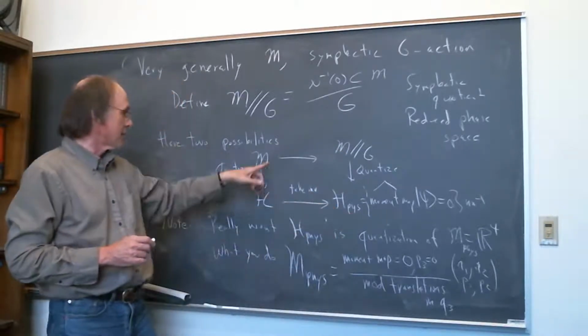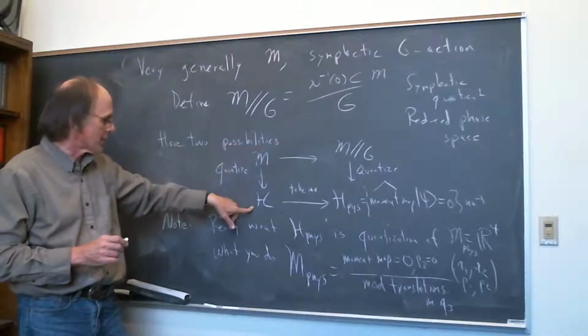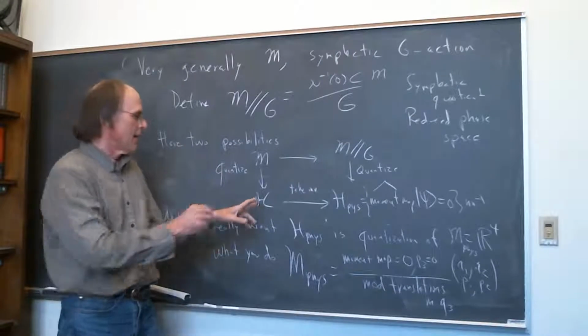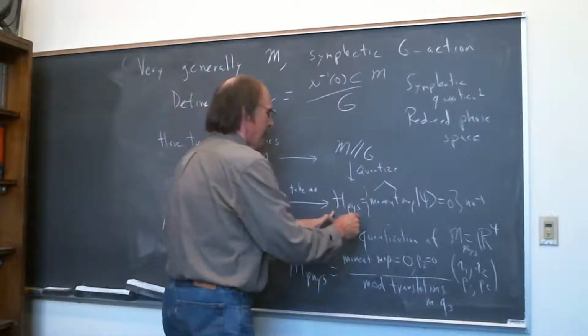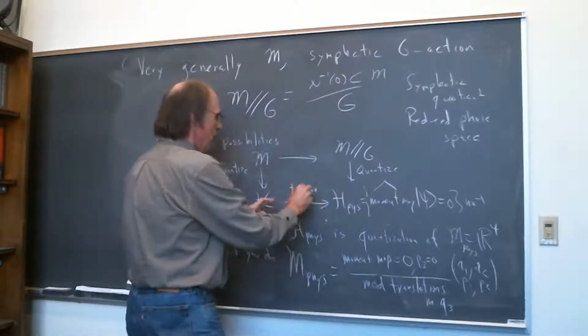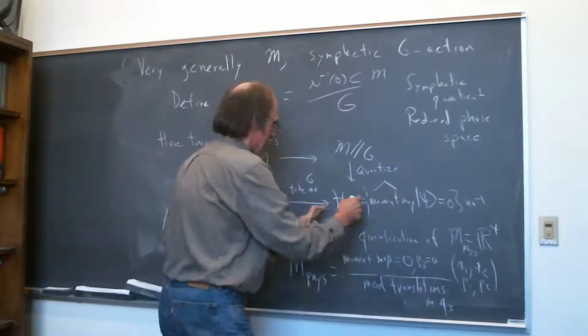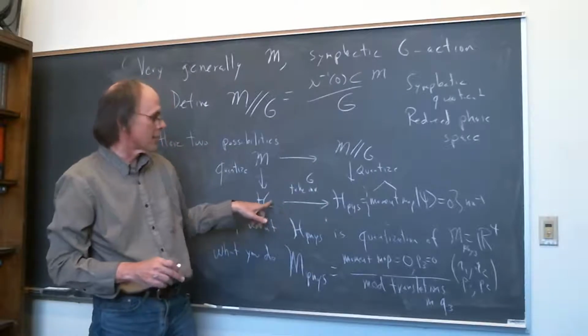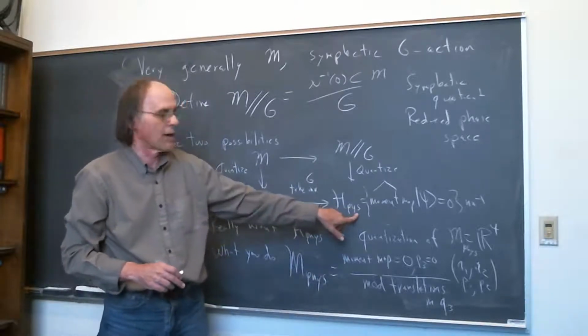And the idea is it should be the same thing as if you quantize the whole thing, and you had something that's too big, and then took the subspace of, this is really actually just the subspace of G invariants. That G acts by unitary transformations on the space, and it just takes the G invariants.